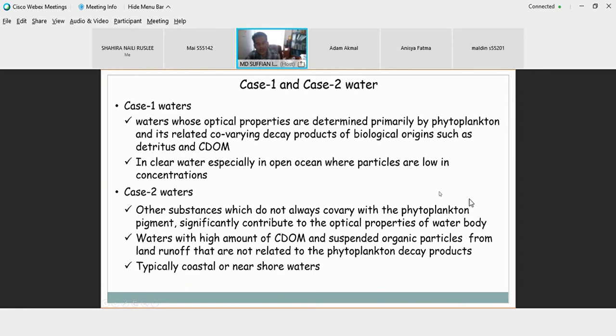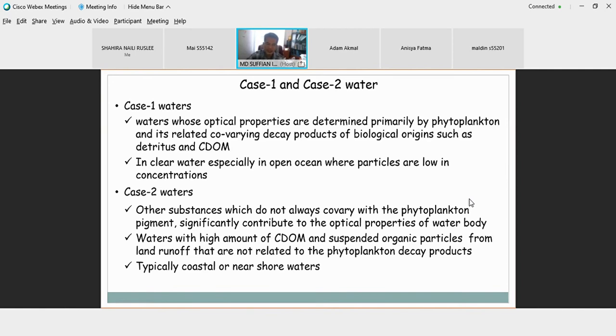So Case 1 water, this one kita classify based on the optical properties of water. So Case 1 water is a water whose optical properties are determined primarily by phytoplankton and its related decay products, such as detritus and CDOM.